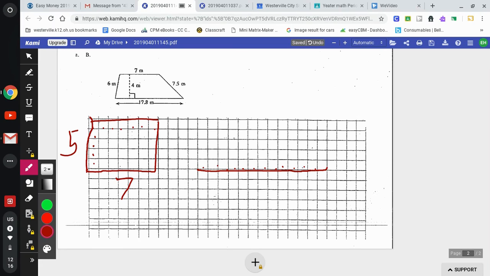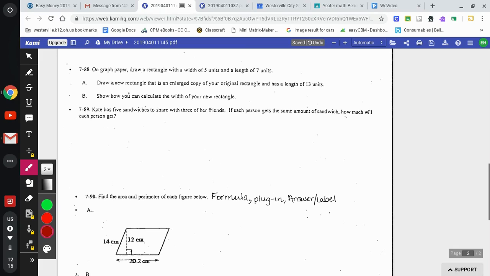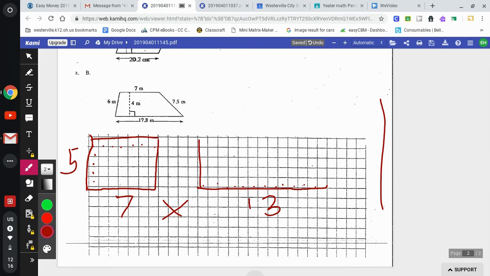How am I going to go from 7 to 13 is what you're going to need to find your multiplier to make this side that was 5 an exact copy. So 7 times what would get you 13? Once you find that multiplier, you'll know how long the width would be, and you'll go from there.